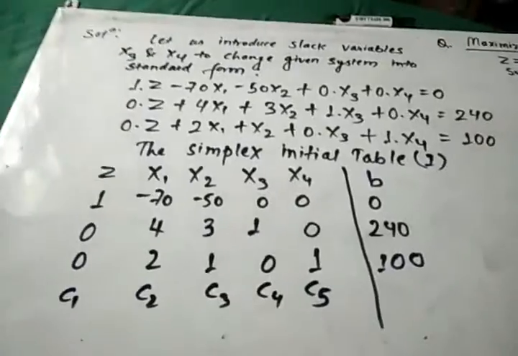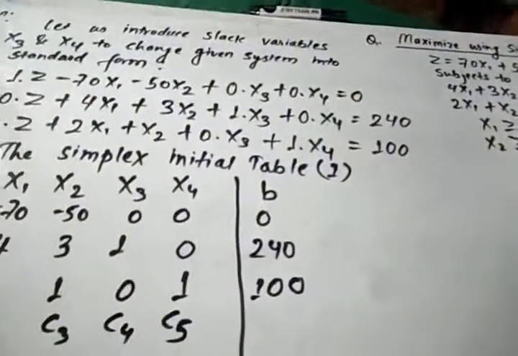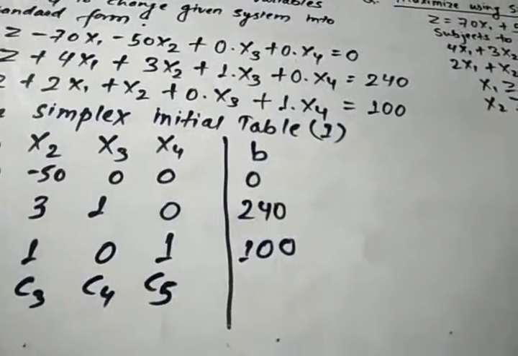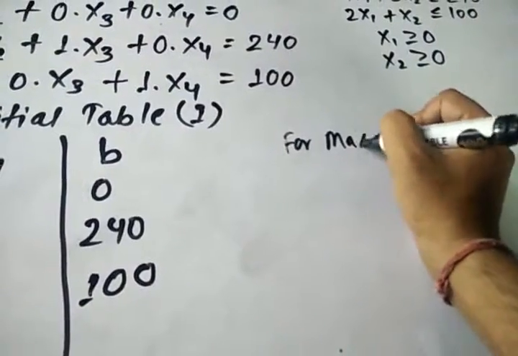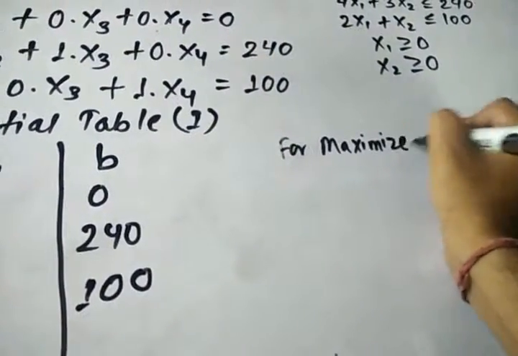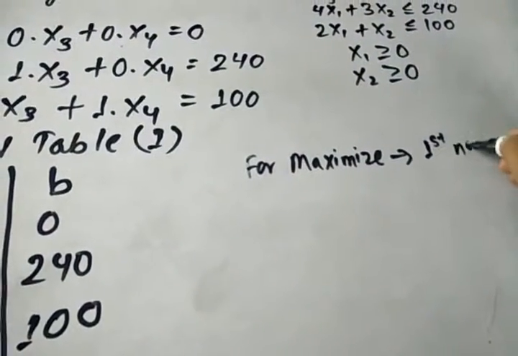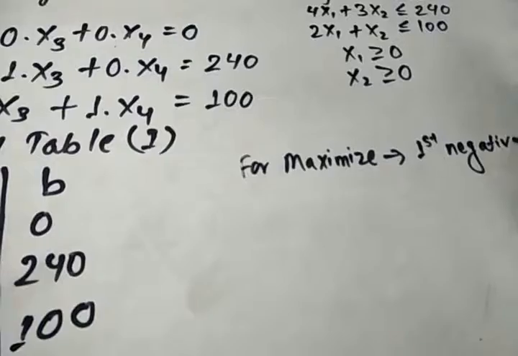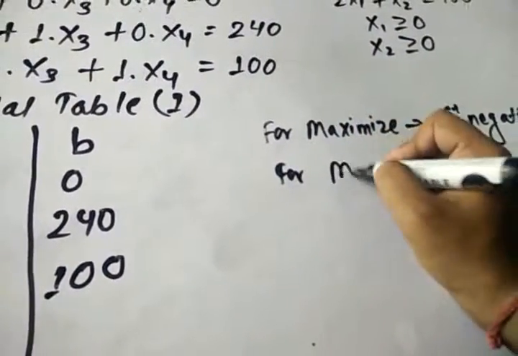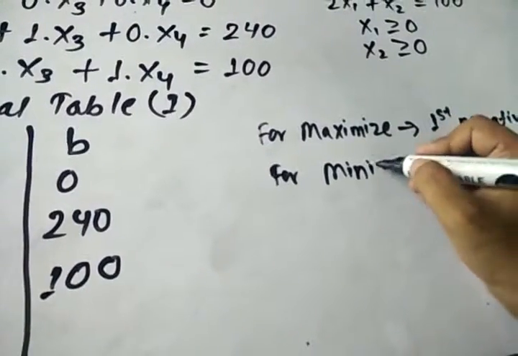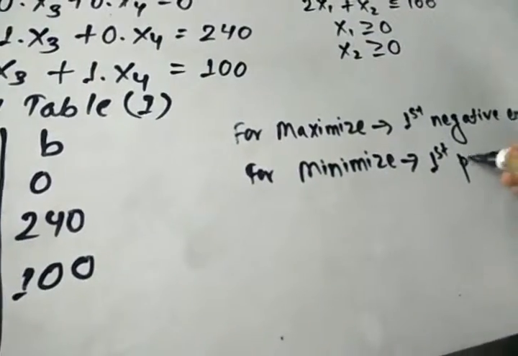Now what we have to know is, to maximize the given function we have to find the first negative entry. If our question was minimize, then we have to look for the first positive entry.